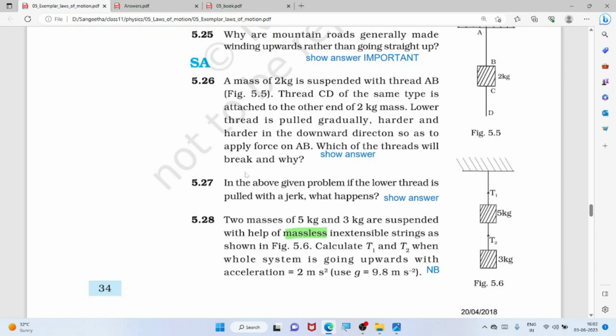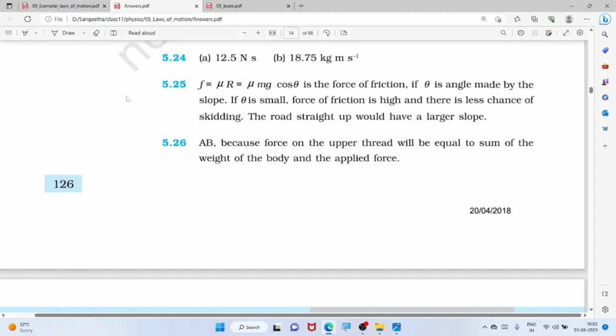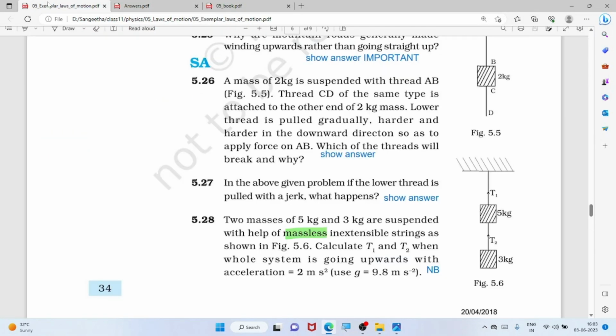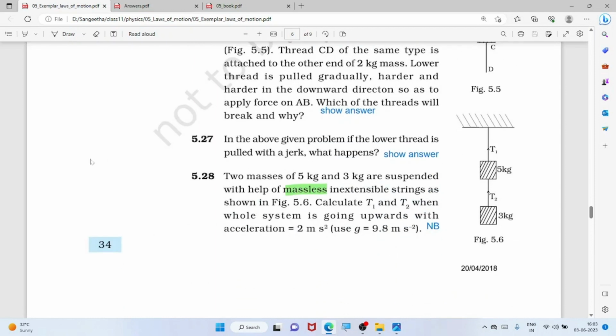Which of the threads will break and why? 5.26. AB will break first because the force on the upper thread will be equal to the sum of the weight of the body and the applied force. So the force on this thread will be more, because the weight of the body and the applied force both act on it.